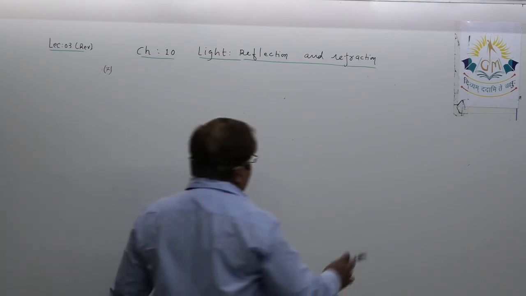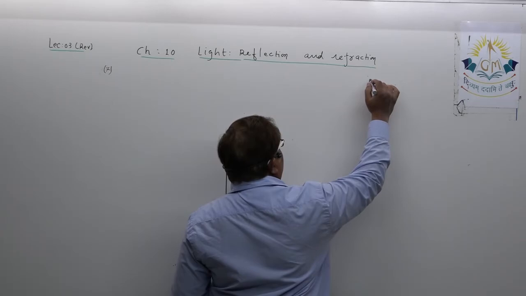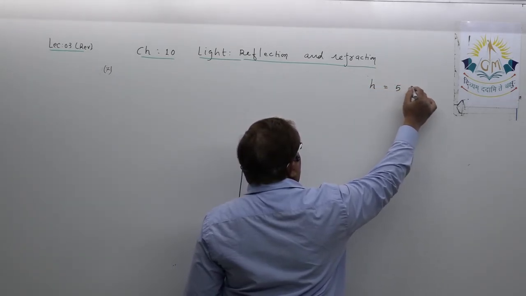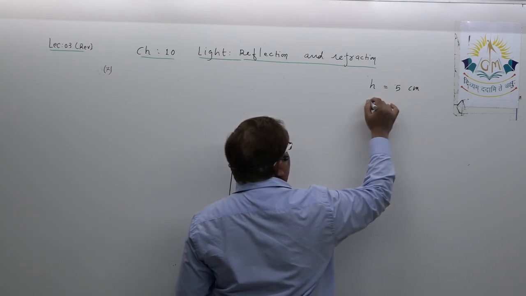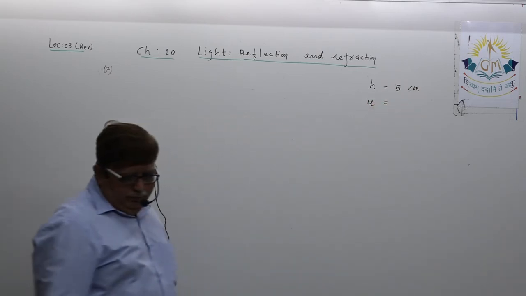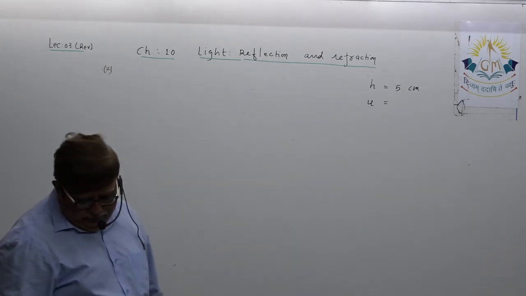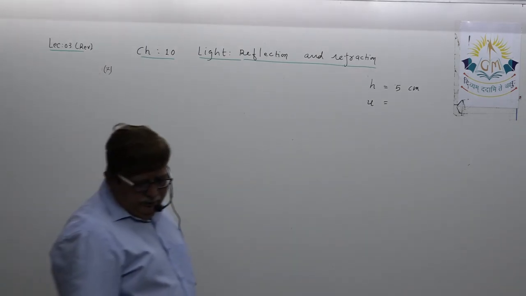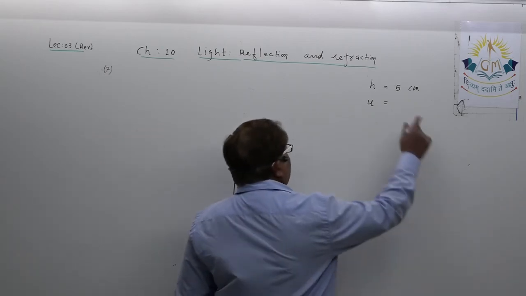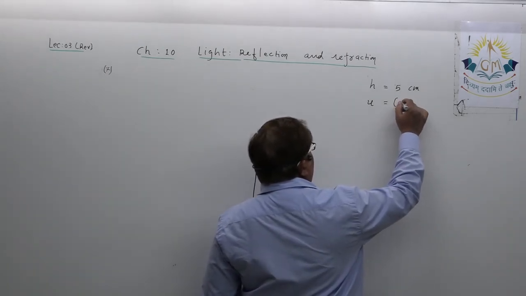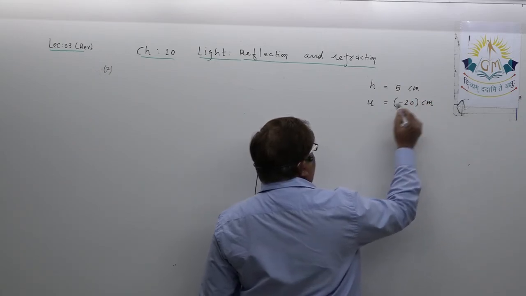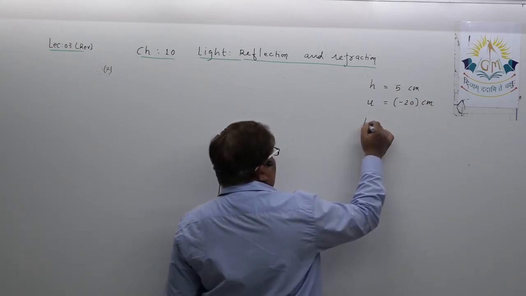Let us present the given data. Height of the object, 5 centimeter. Where the object has been placed, 20 centimeter. As you all know, object distance is always negative.